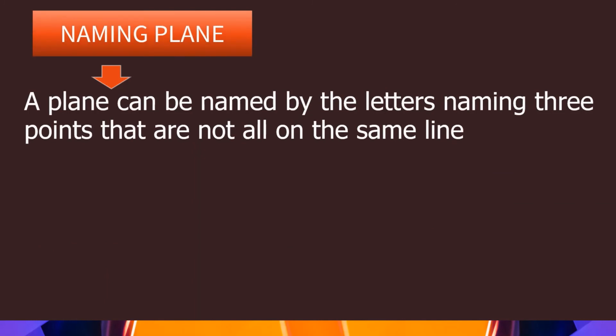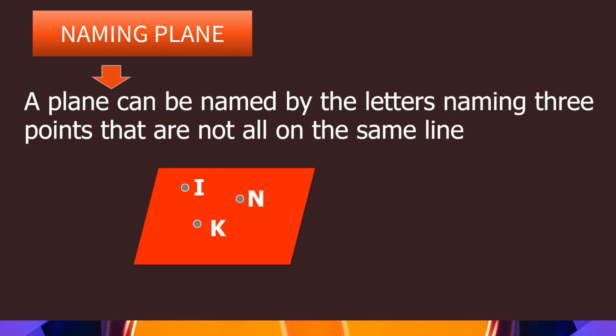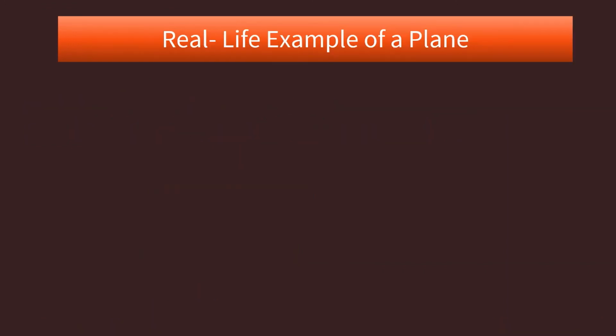A plane can be named by three letters, naming 3 points that are not all on the same line. So let's say we have a given plane with the given points. So we can name this plane as plane INK. It can also be plane KIN, or it can also be plane NKI. These are some real-life examples of a plane.